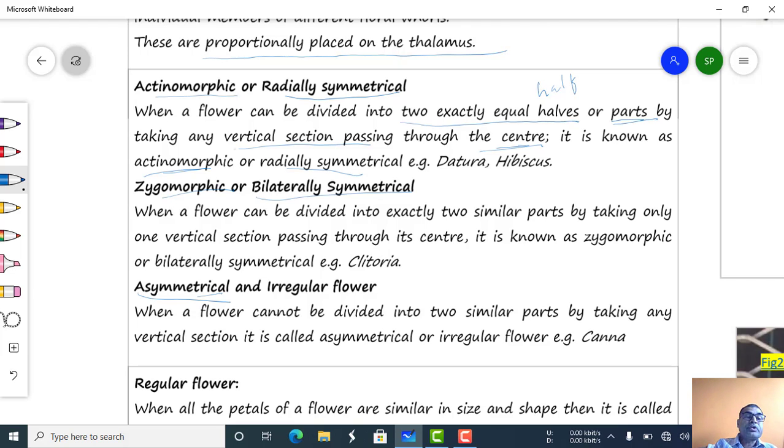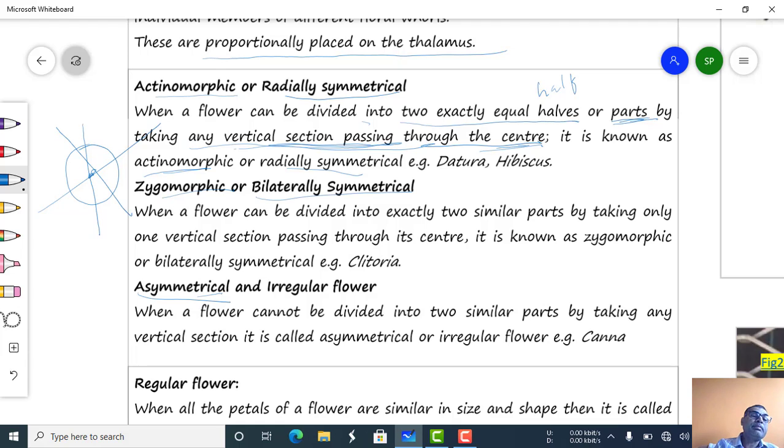Okay, so if you consider this one is a flower, this flower can be divided into two equal halves by taking any vertical section passing through the center. This is the center.